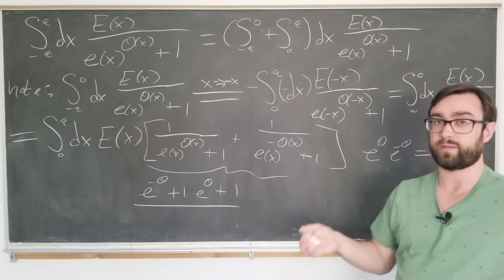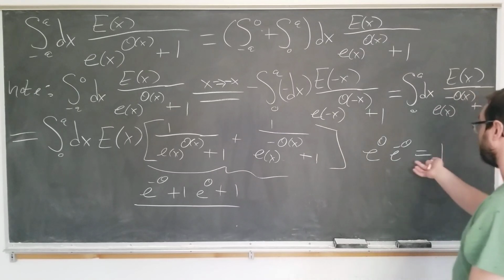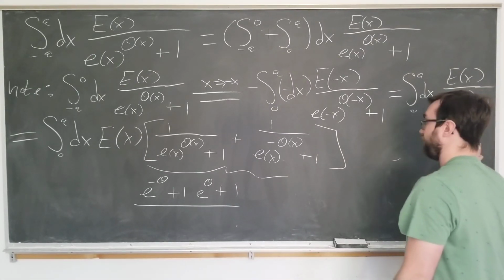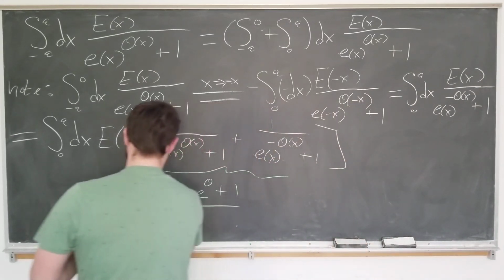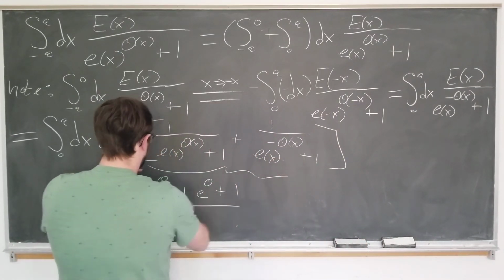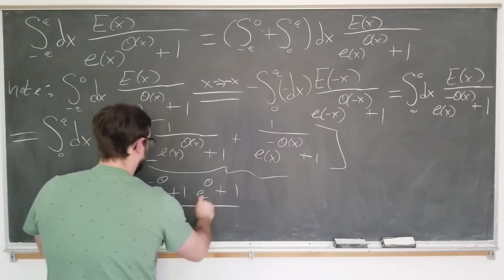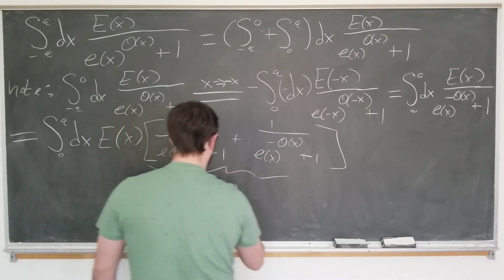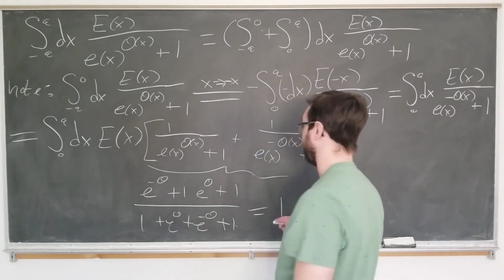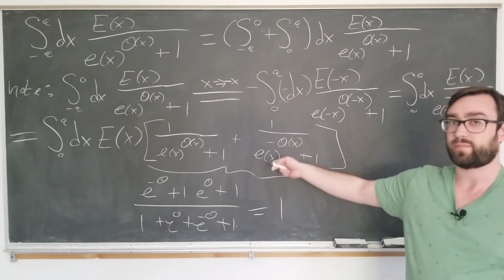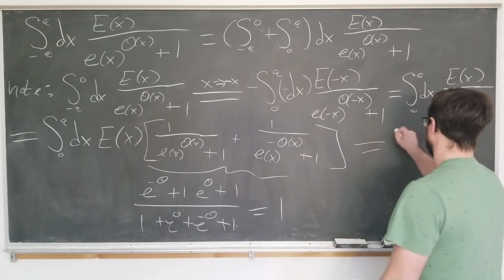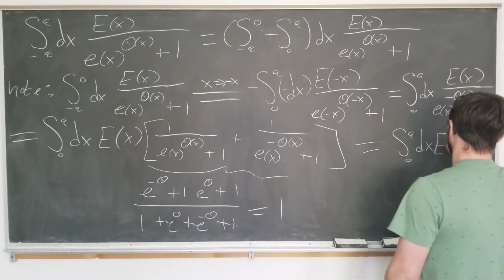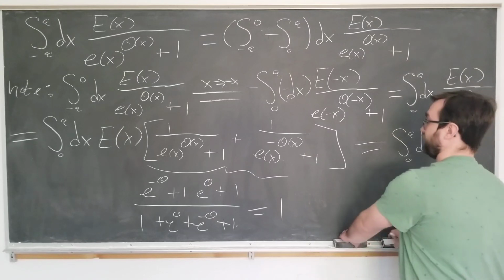It doesn't matter that they're all functions of x. This is a property of exponentials that holds. So we get 1 plus e to the O plus e to the minus O plus 1. We see they're exactly the same, actually, so all of this cancels out. It just becomes, remarkably, the integral from 0 to a dx of our capital E of x.